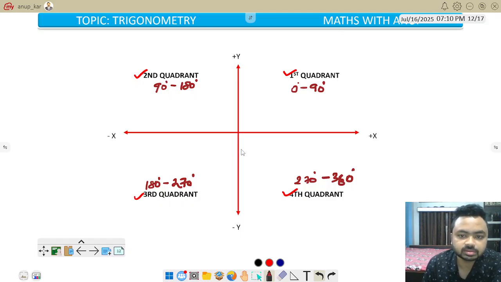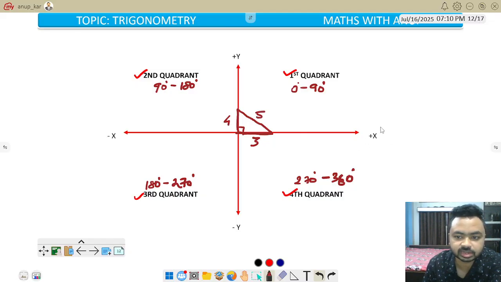Now, in the first quadrant, let's take one example. Let me join this one and this one. I am considering a right angle triangle. Suppose this is my 3 units, this is my 4 units and this is my 5 units.